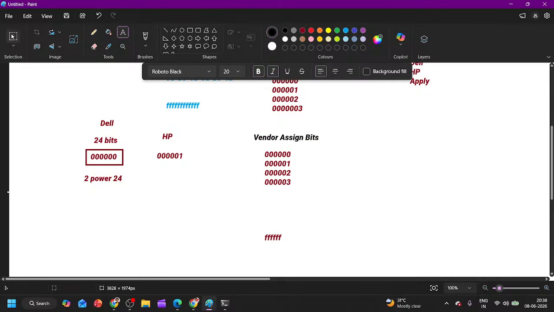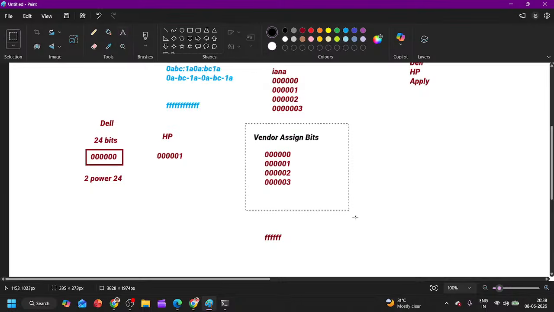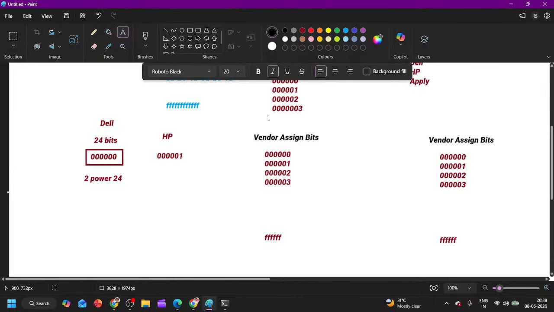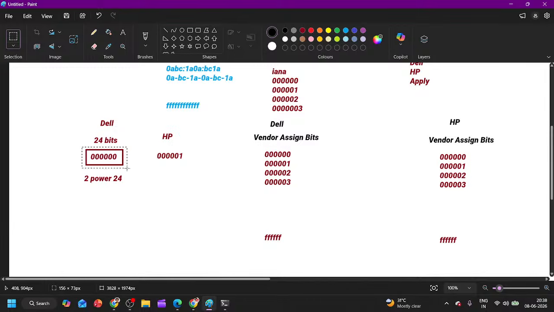Okay, so maybe Dell and HP both are using the same vendor assigned bits. This is for Dell and this is for HP. Now both need an OUI, both have an OUI. They can just attach this OUI with all vendor assigned 24 bits from here to here.